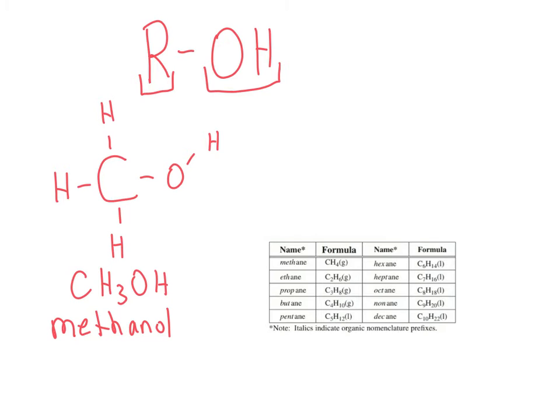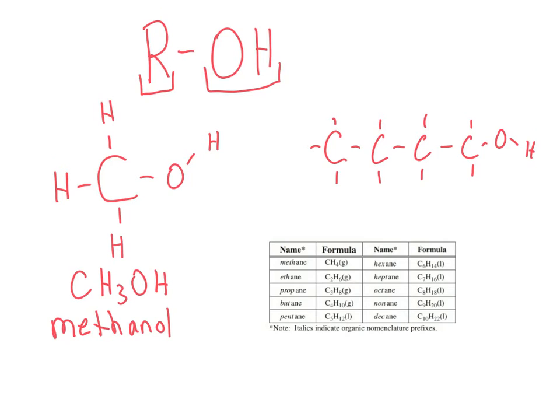So let's take a look at another example here. Let's go with a 1, 2, 3, 4 carbon molecule, which has an OH group on the end. I am not even going to draw my other hydrogens in. Maybe I'll just put lines, so there would be 3 here, 2 here, 2 here, and then still 2 there. So go ahead, what do you think this one would be called?